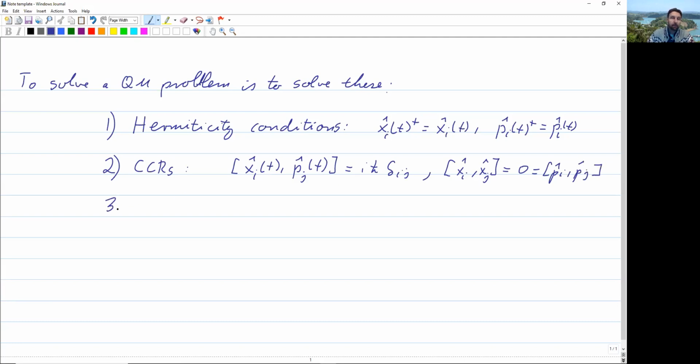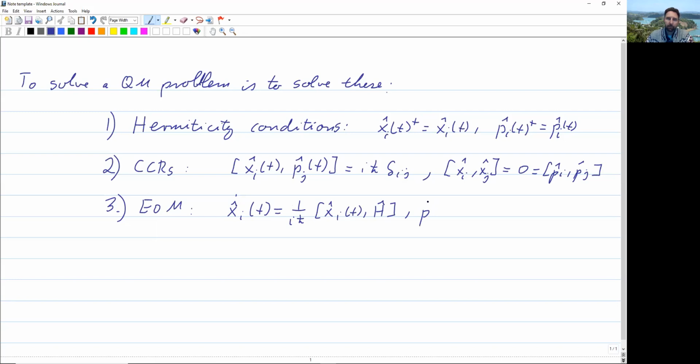And finally, we also have to solve the equations of motion, right? And the equations of motion are given by the Heisenberg equations of motion. They are x hat dot i of t, the dot indicating time derivative, equal to 1 over i h bar times the commutator of x hat i of t with the Hamiltonian.